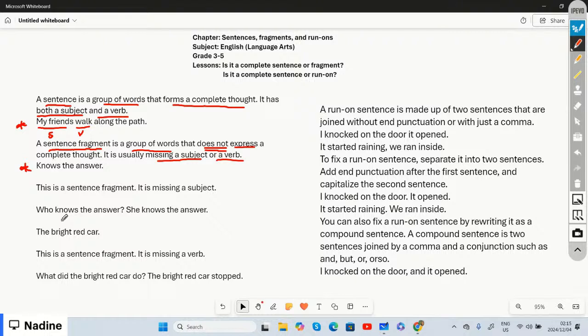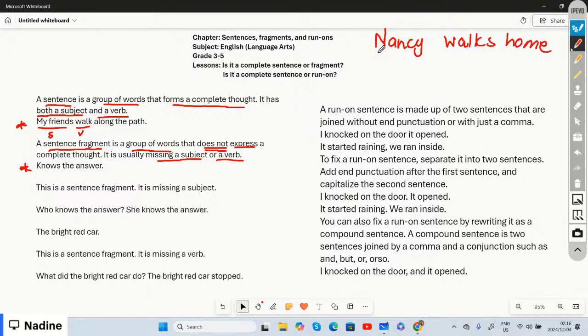So the difference between the three is that a sentence has both a subject and a verb, which means that it's a completed sentence. It's like saying, Nancy walks home.